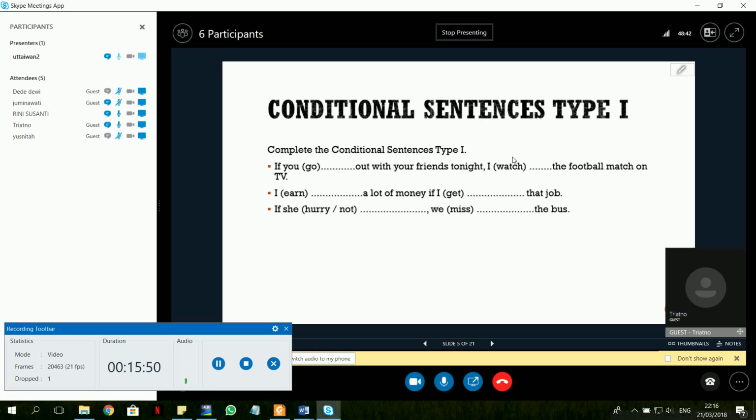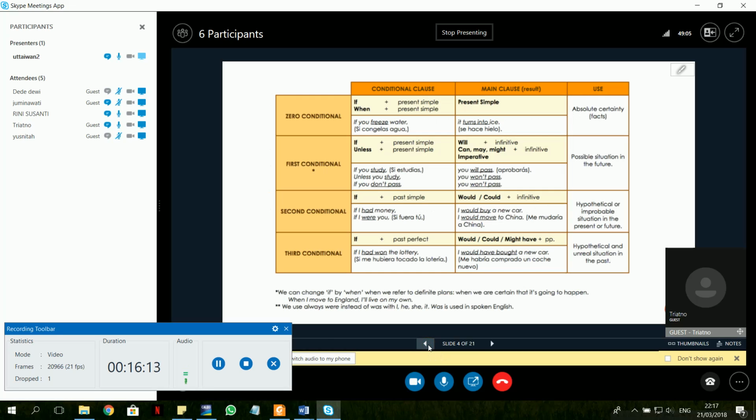Sorry, can you repeat once more? I would. Please remember this is conditional sentence type 1. I will show you once more the conditional type 1.